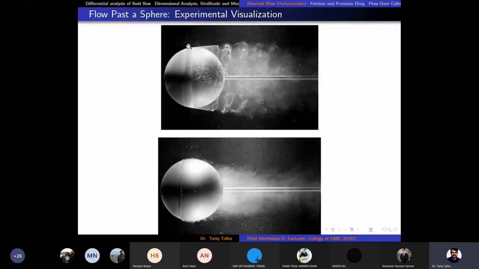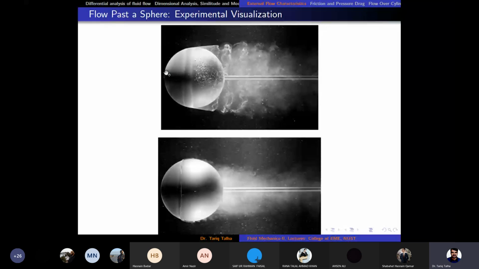This is the white region at the back end. But this wake region becomes very small in the bottom figure, where we have higher Reynolds number. So at higher Reynolds number, the thickness of the wake region becomes small compared to the wake region in the upper case, when the Reynolds number is low.